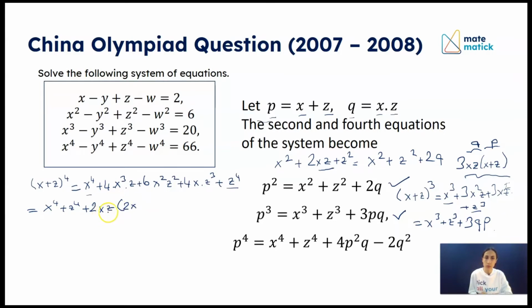Sorry, this is 2x squared. When I multiply these two, I will get 4x cubed z. Plus, here we have 6x squared z squared. So I have here x and 2.